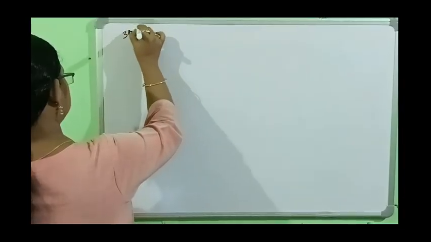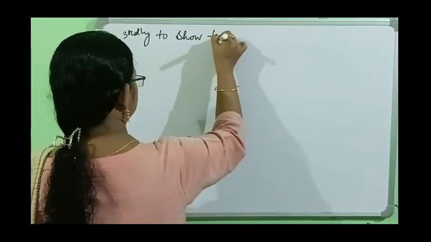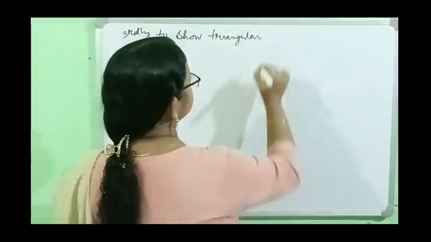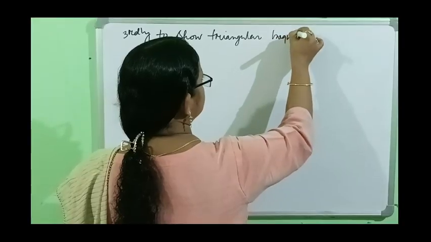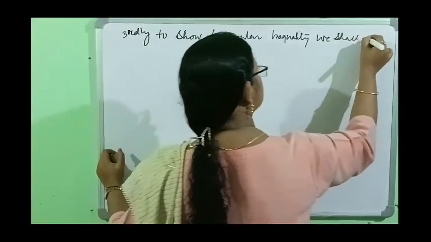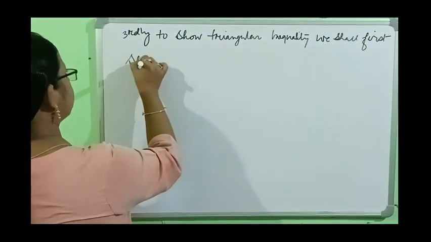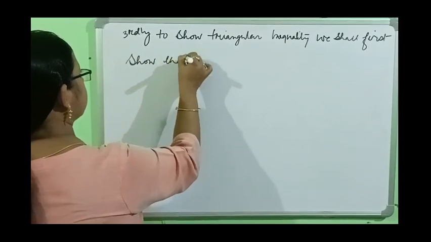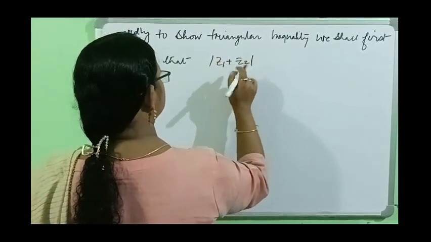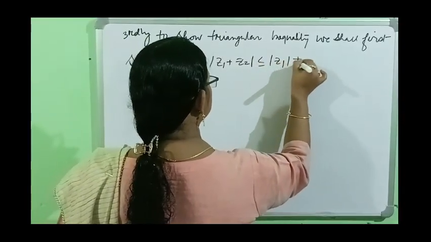Thirdly, to show triangular inequality, we shall first show that the modulus of the sum of two complex numbers is less than or equal to the sum of their individual moduli.